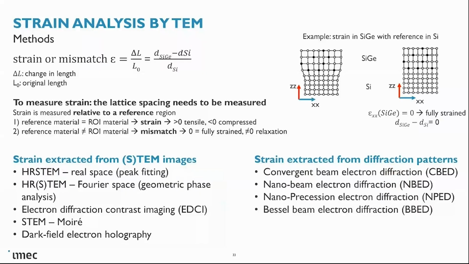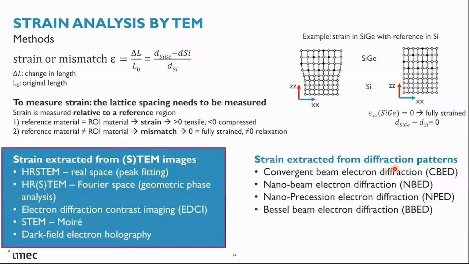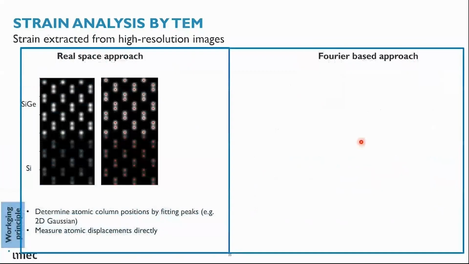I will start with strain extracted from the images, and I will start with two examples where we use high resolution images. Those can happen in real space or in Fourier space.